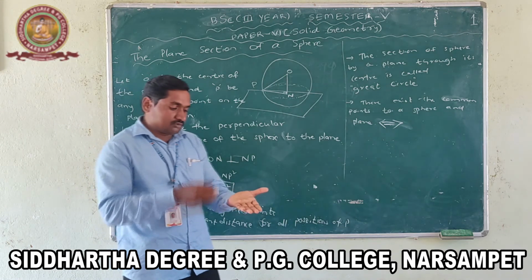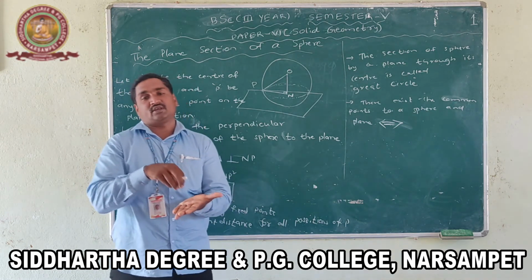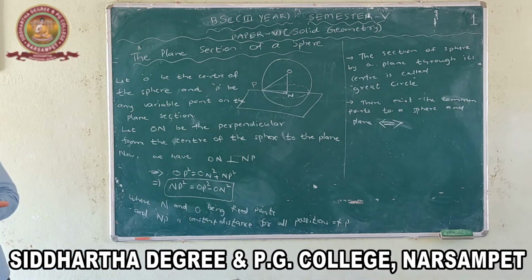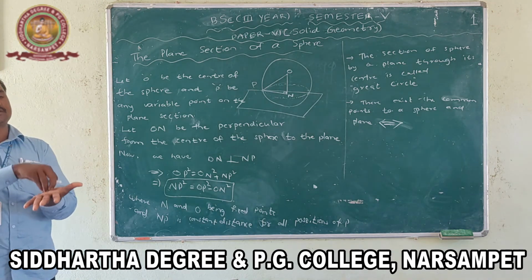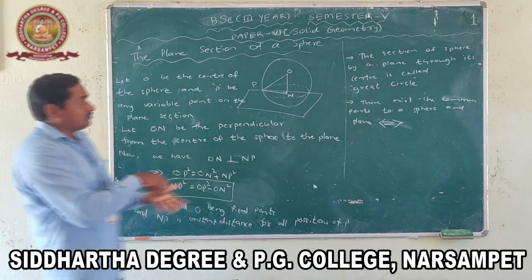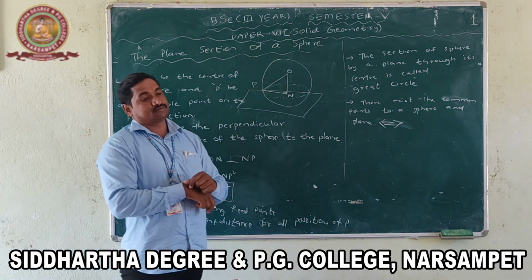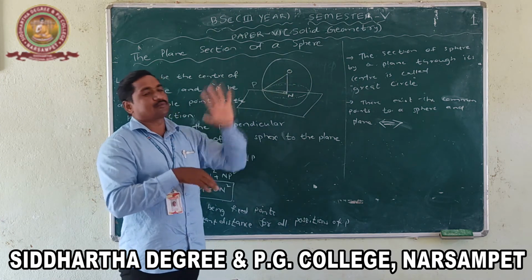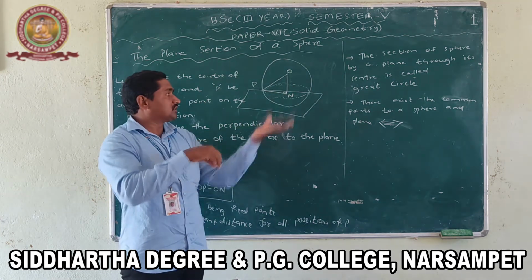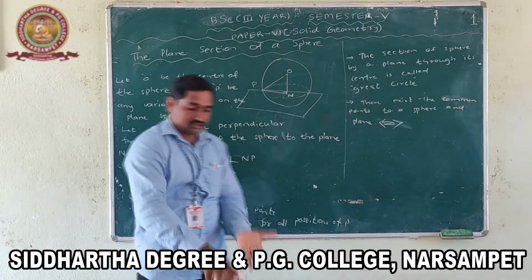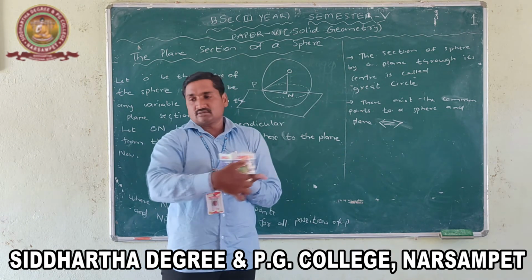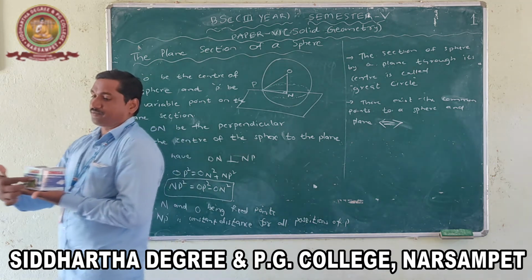Suppose the plane touches the sphere. In such a case, the perpendicular distance from the center of the sphere to the plane is the same as the radius of the sphere.